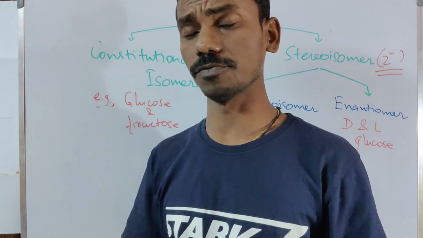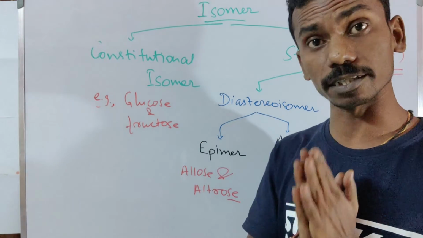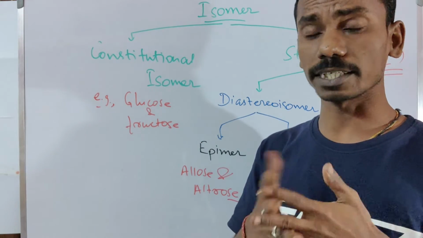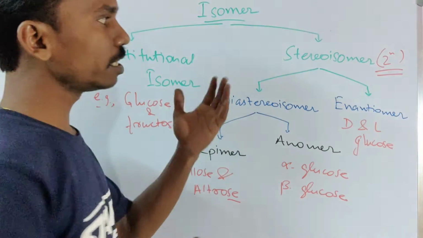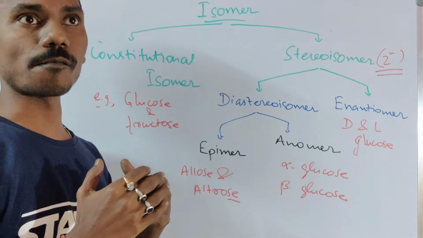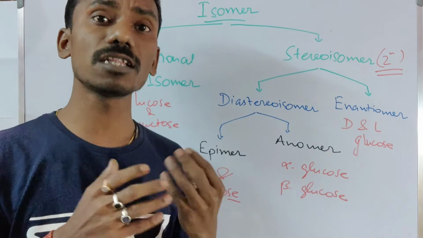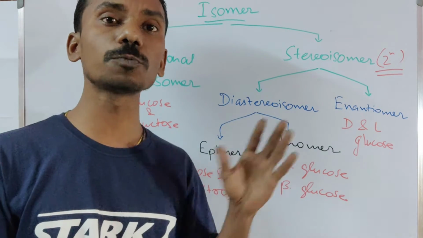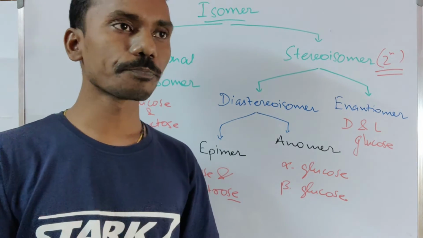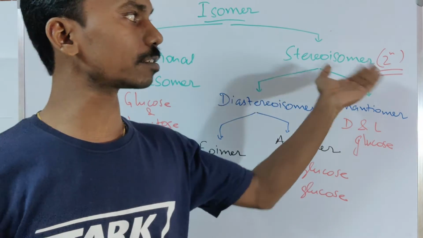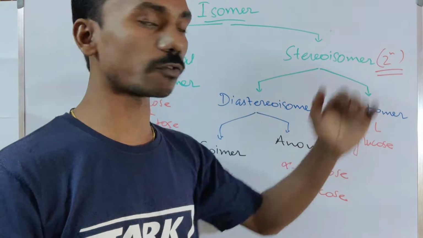Yes, obviously we have already discussed that glucose contains aldehyde as its functional group and fructose contains ketone as its functional group. When we come to stereoisomers, they have the same kind of functional group, but the spatial arrangements of hydroxyl groups and hydrogen atoms are different. There may be various numbers of stereoisomers depending upon the number of chiral carbons.